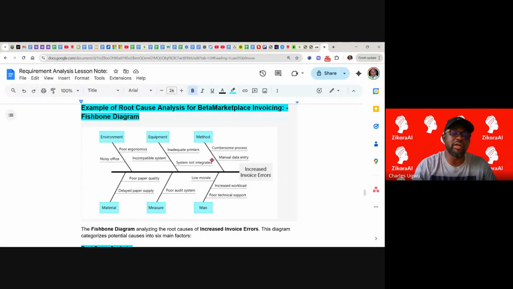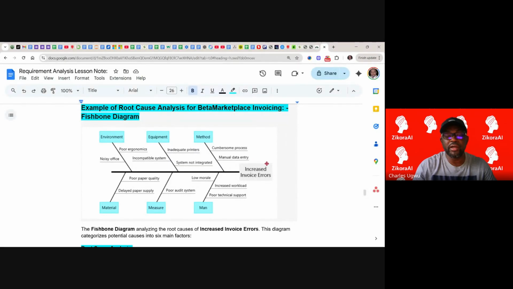Why do we call it fishbone diagram? It's simply because it looks like the bone of a fish. If you're looking at it, you see a skeleton of a fish. That's why we call it fishbone diagram. And the problem here is increased invoice error.